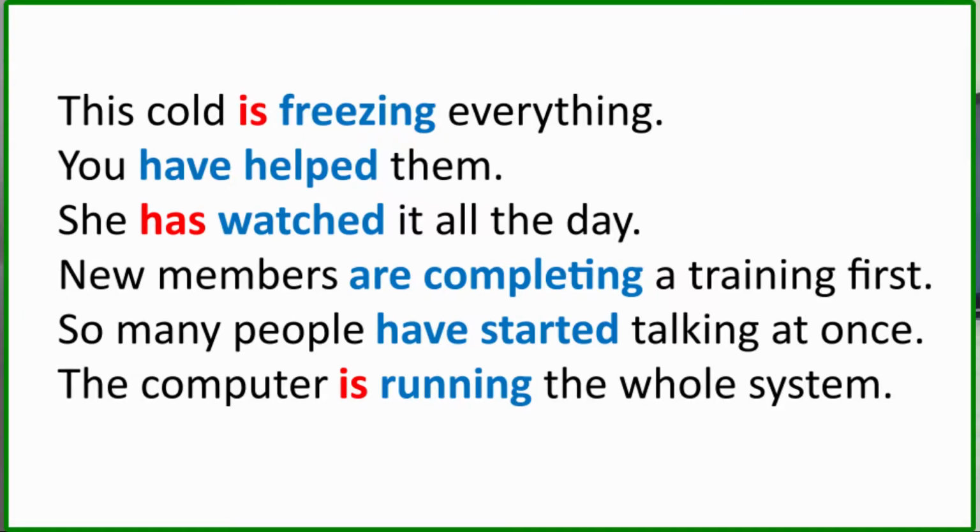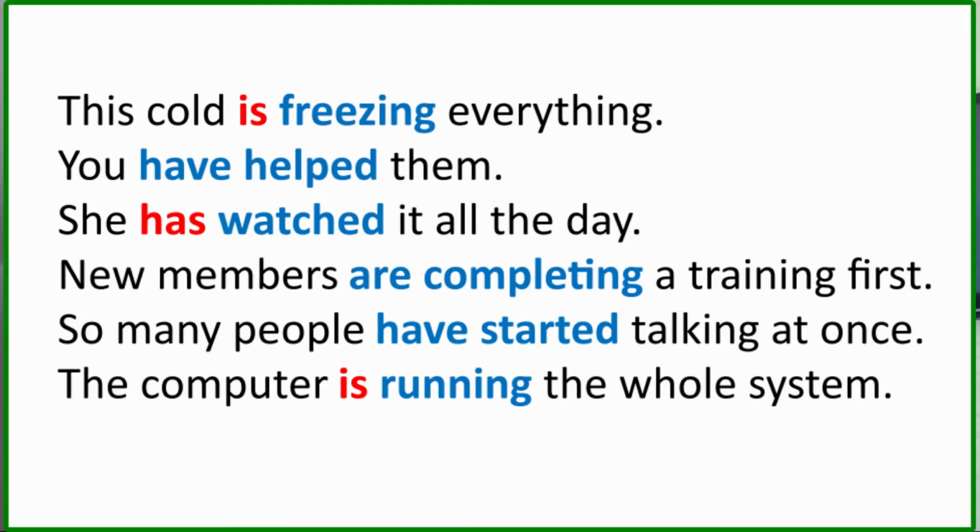Look at these sentences again. Notice the use of is and has with singular subject. Is is the S form of be. So it comes with singular subject. We have already learned that S form comes with singular subject except I and you. So is comes also with singular subjects other than I and you. Has is also the S form of have.